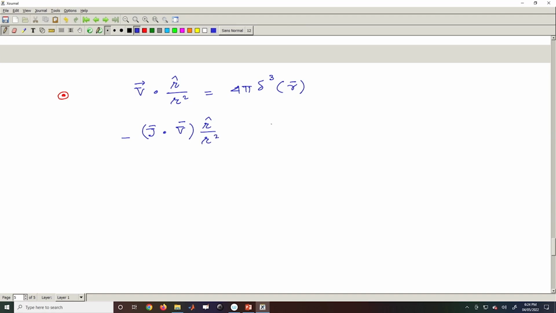Because it is operating over r, and inside the r we have prime and non prime both, I can make this operator prime. Since r vector is r minus r prime, whenever I change this operator to prime, this negative sign will be absorbed.